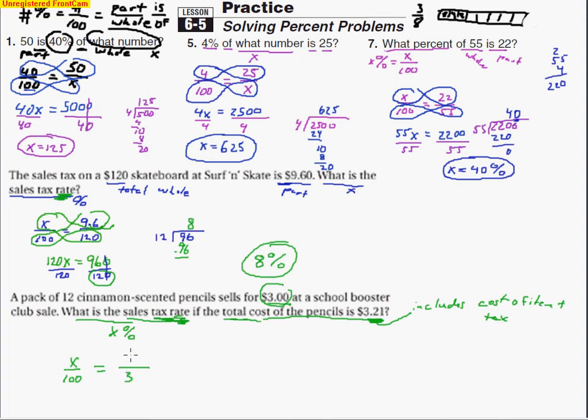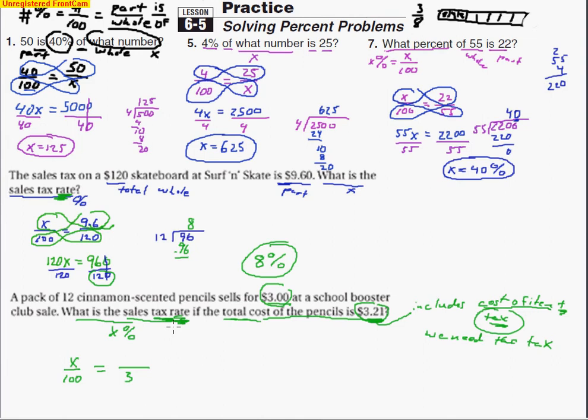All right, so what goes in the part? Well, the part's not 321. This is the total amount of the item, the cost of the item, and the tax. We want to know just the tax. How do I find the tax? How much tax did I spend?